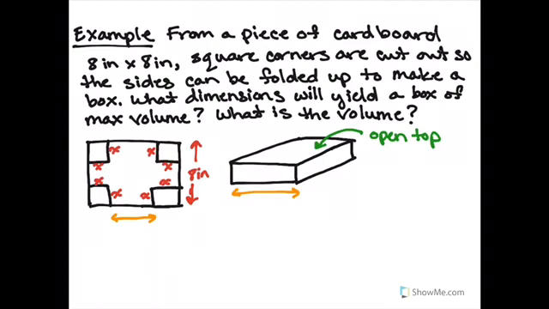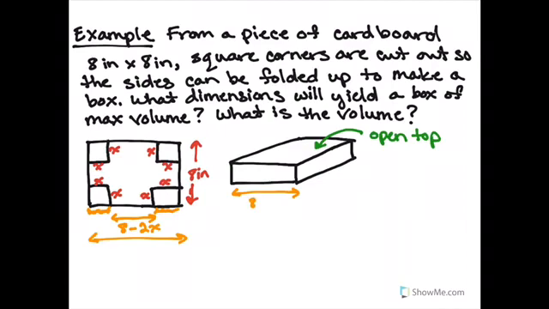Okay, and what is that length? If the total length here is 8, and I'm taking away that much, what's left? 2x. Good, yes. The total was 8, and I'm taking away x here and x here.